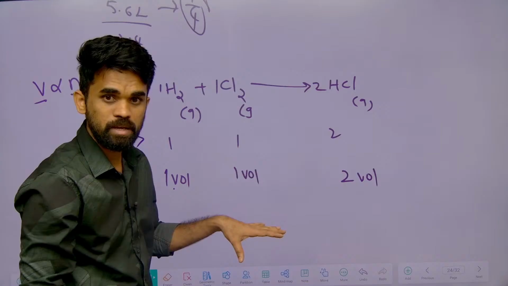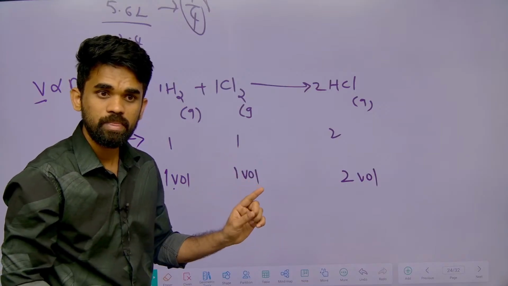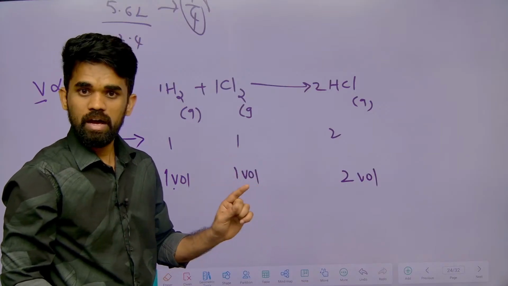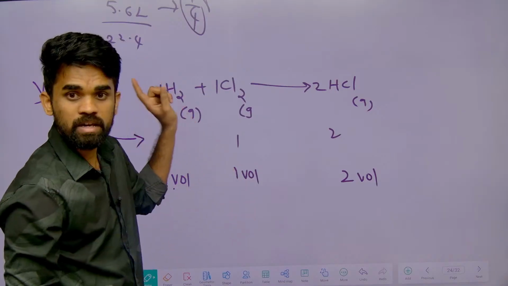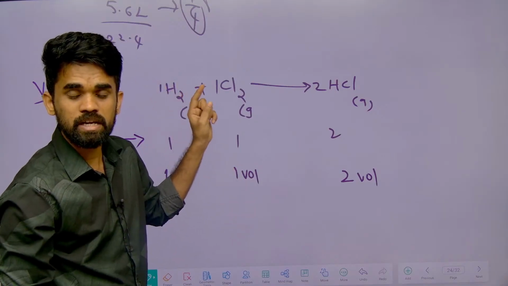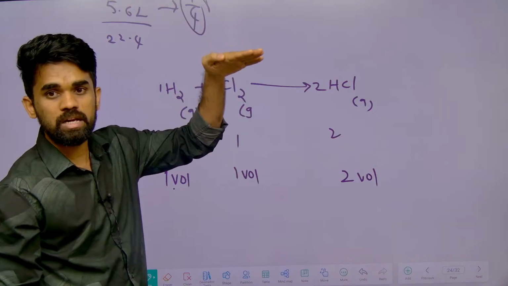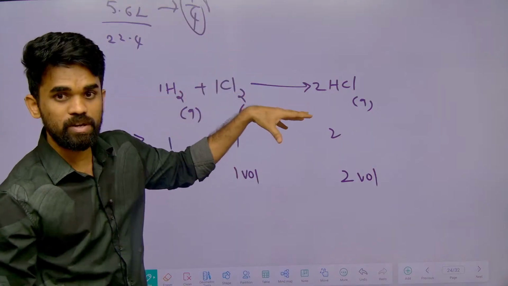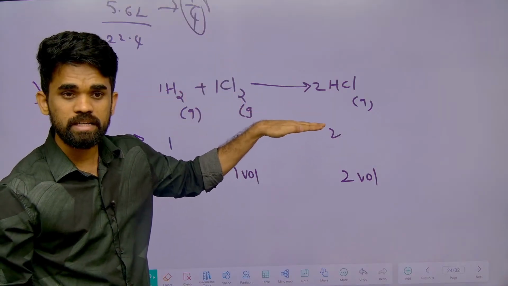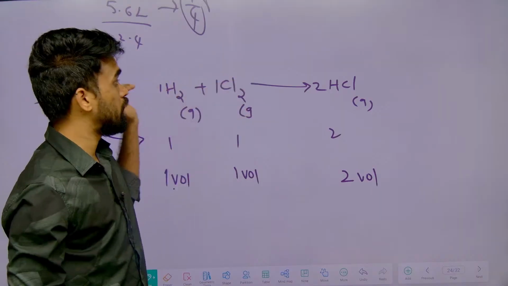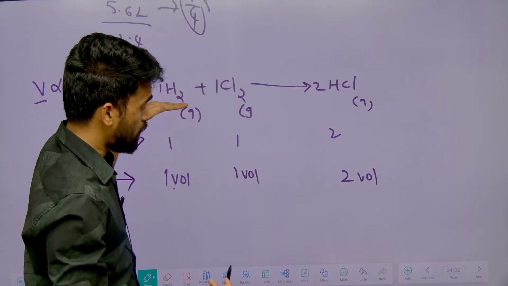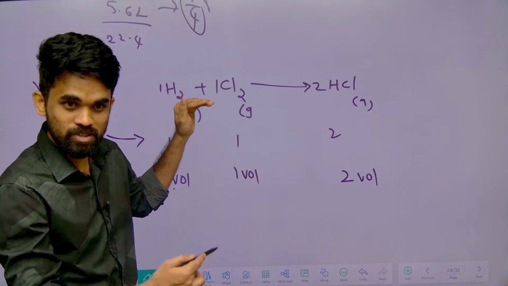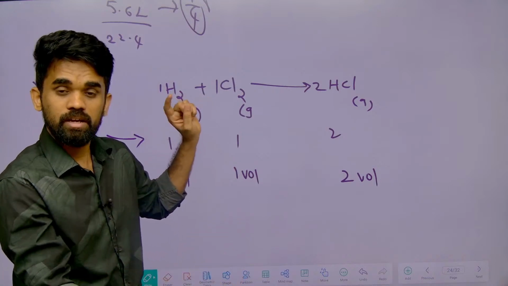But this story is applicable only at constant temperature and pressure, because we know Avogadro's law works at constant temperature and pressure. So by using Avogadro's law, this explanation is given by Gay-Lussac's law of combining volumes. What is it? Gay-Lussac's combining volumes.